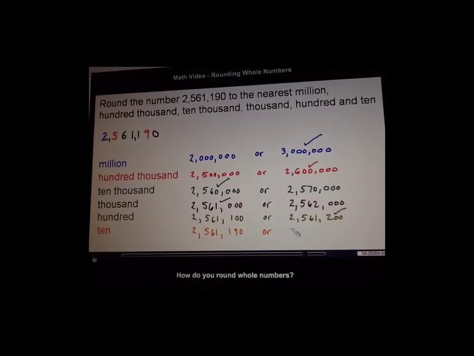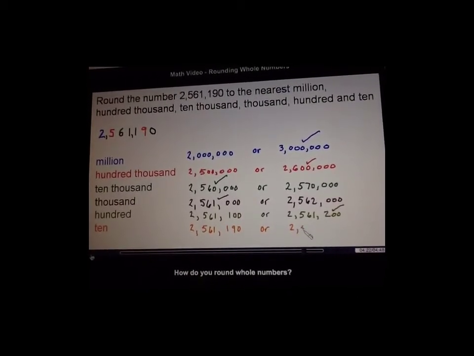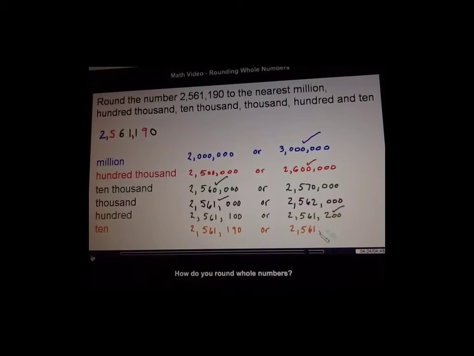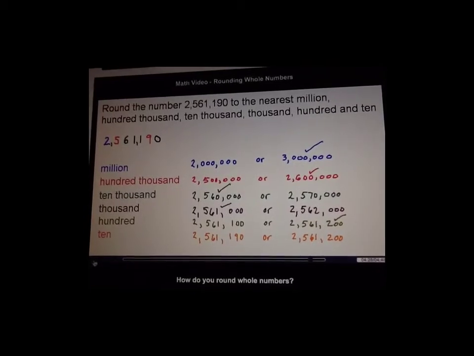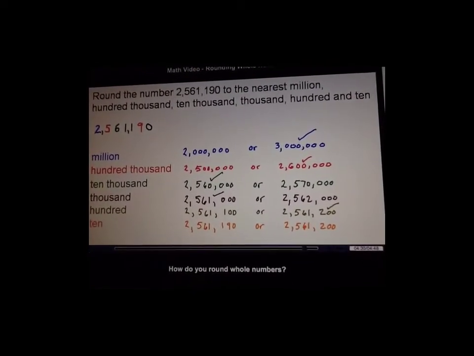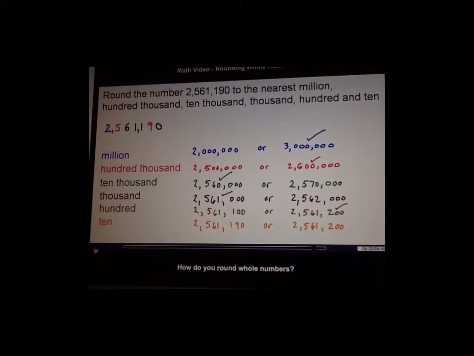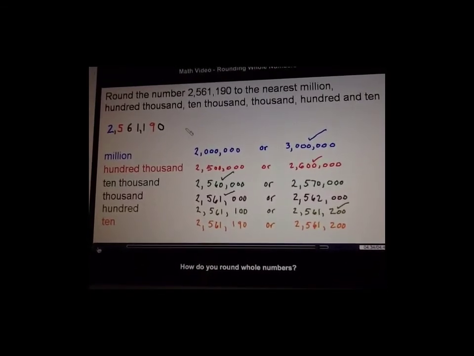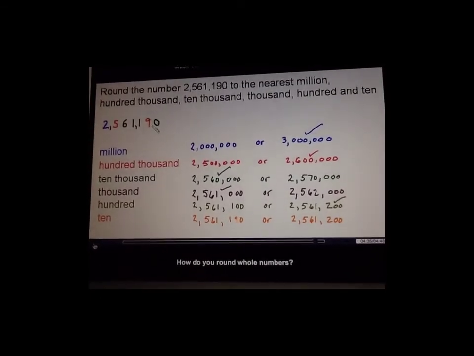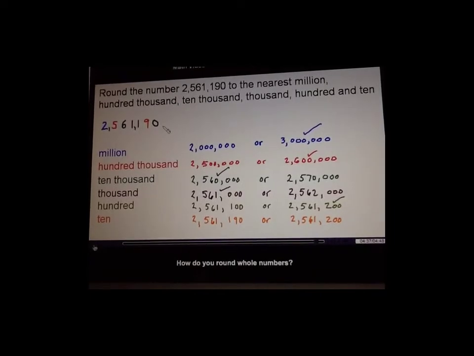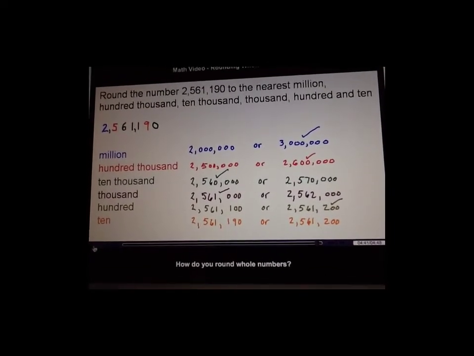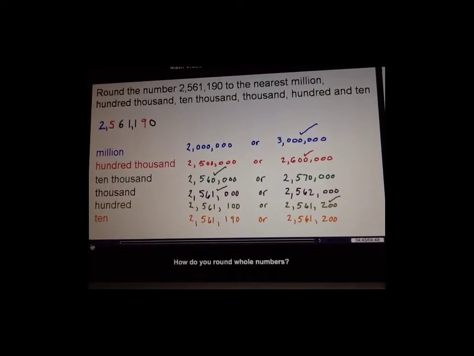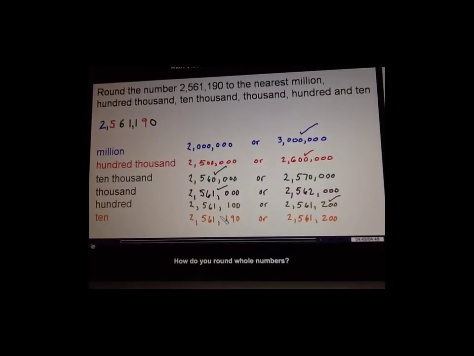So we're going to round up to 2,561,200. And to help us decide if we need to round up or round down, we have to look at the next place value, and that's the ones place. And our ones digit is a 0, and that is less than 5. So we're going to round down, which means we're going to actually stay with the given number.